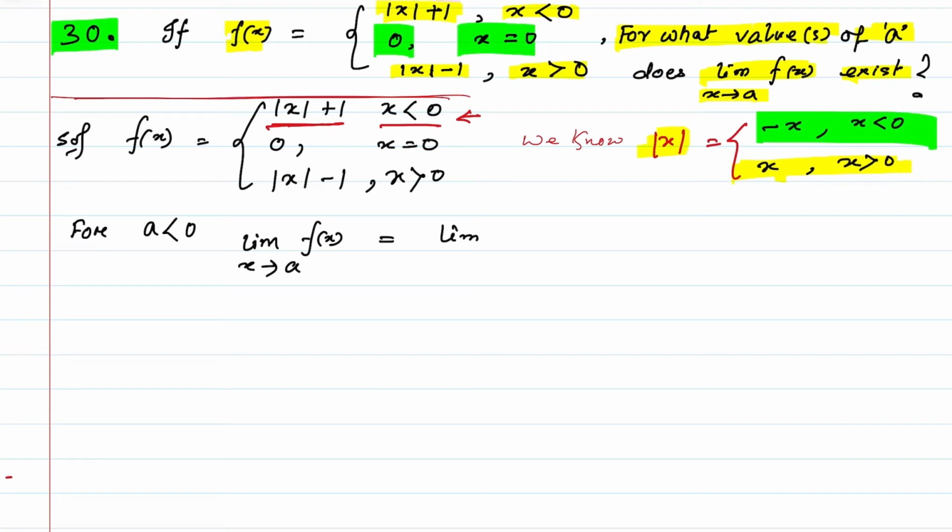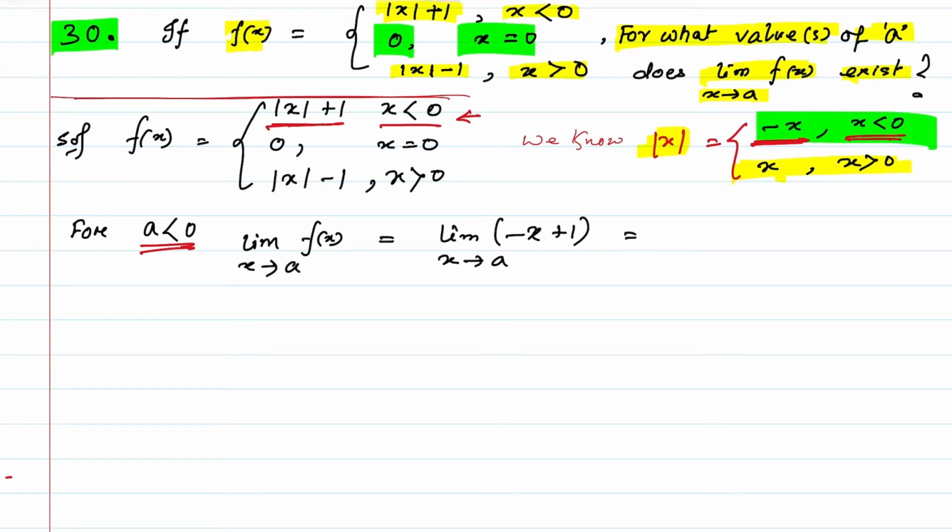So first let me write here mod of x plus 1, x tends to a. And here one more thing you can do, don't write the mod here. As we have already got that mod of x is negative x as x is less than 0, here we are taking a less than 0, that's why we have to write here minus x.